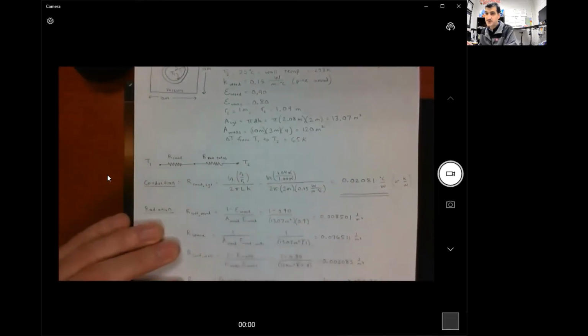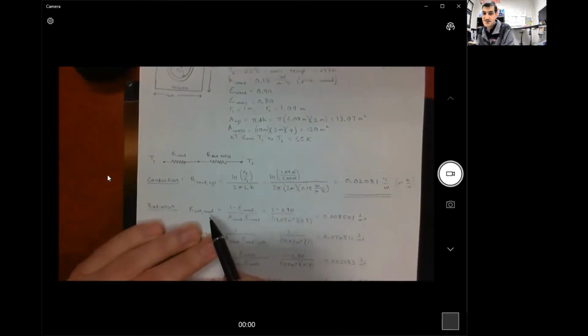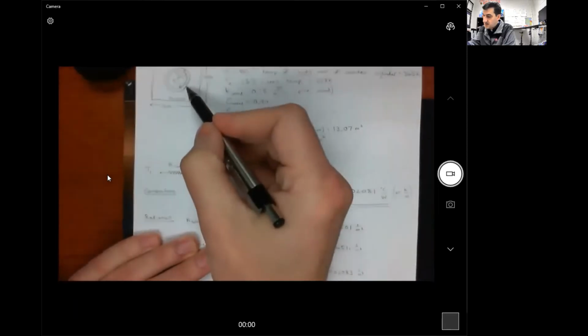For radiation, we can go ahead and calculate our surface and our space resistances because we have all of those. We have our emissivities and we have our areas and our view factors. So here's our surface resistance from the outside of the barrel. 1 minus the emissivity of the wood divided by the area of the wood times the emissivity of the wood.